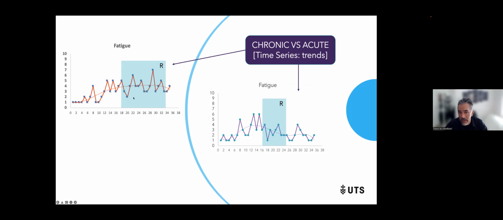So these are an example of two players with similar training, but responding in a different way to the recovery. This situation suggested that this was an acute response and fine, and this was instead a chronic response. So something else was happening here, and actually, there was a medical problem here.